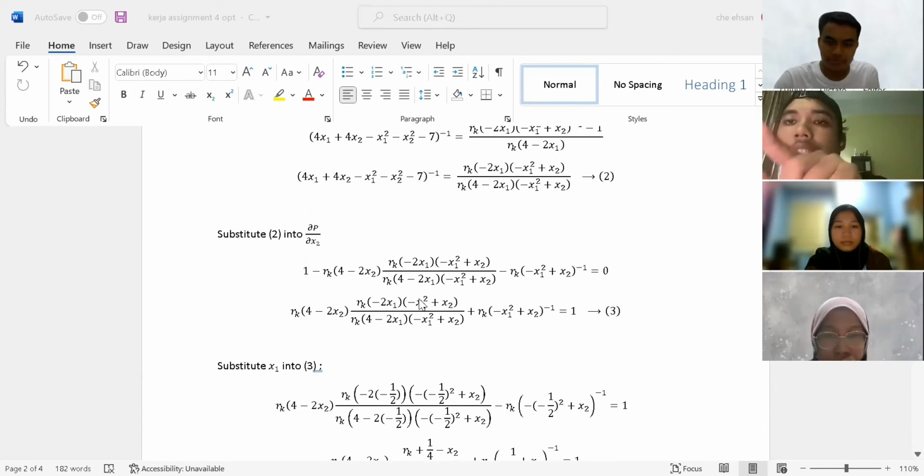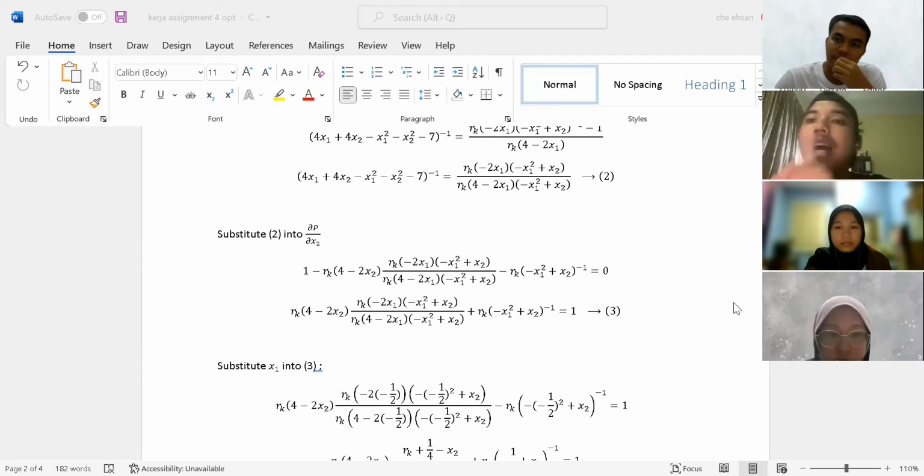The next step is we substitute the second equation into delta P over delta x2 that we got from the start, and we got equation 3, which is rk times (4 minus 2x2) times rk times negative 2x1 times (negative x1 squared plus x2) over rk times (4 minus 2x1) times (negative x1 squared plus x2) plus rk times (negative x1 squared plus x2) to the power of negative 1 equal to 1.